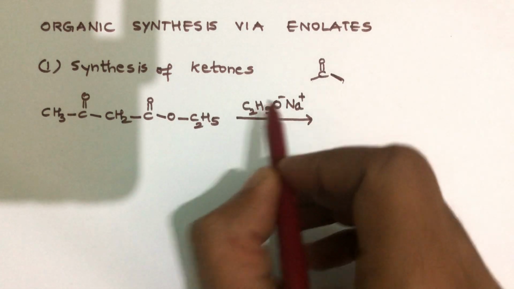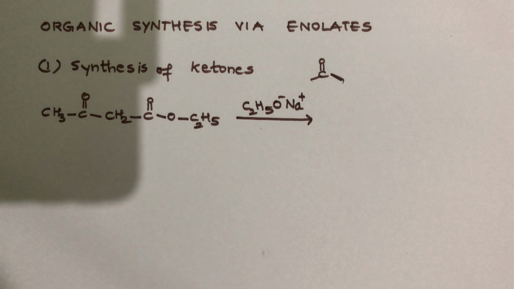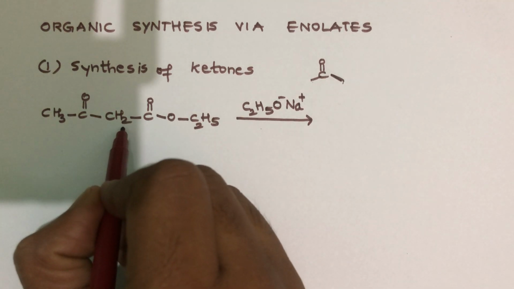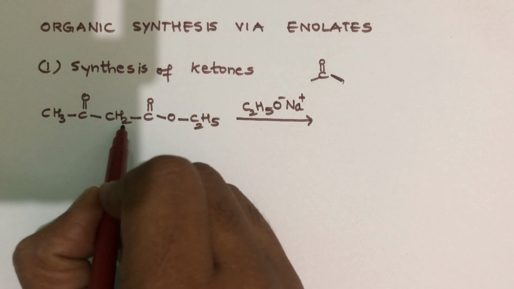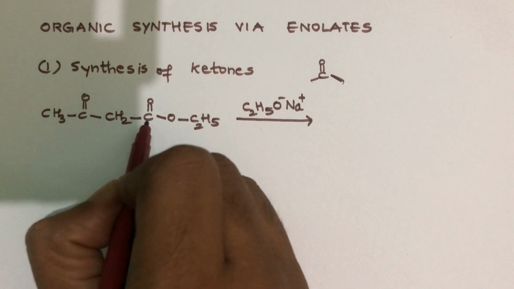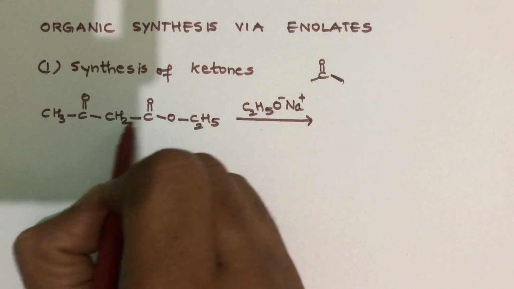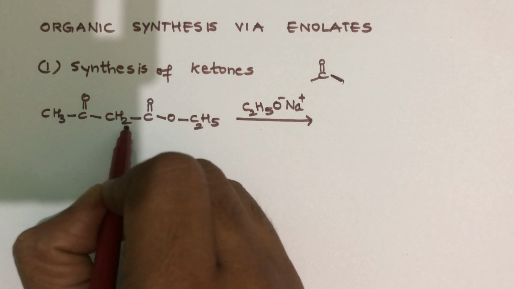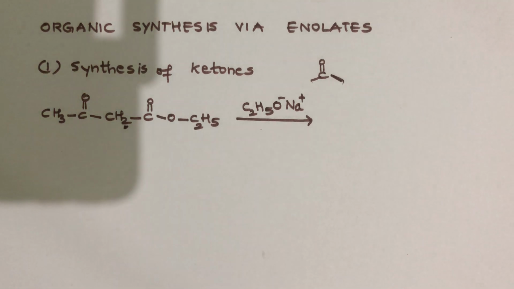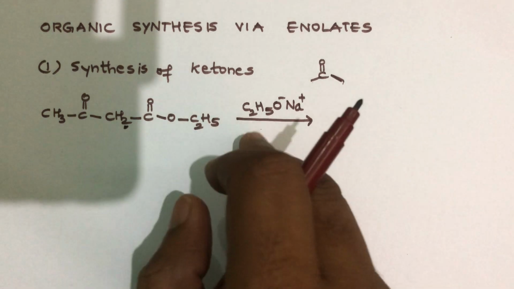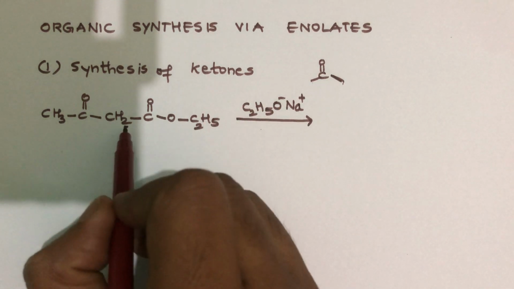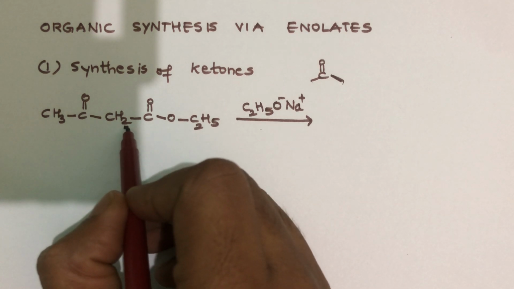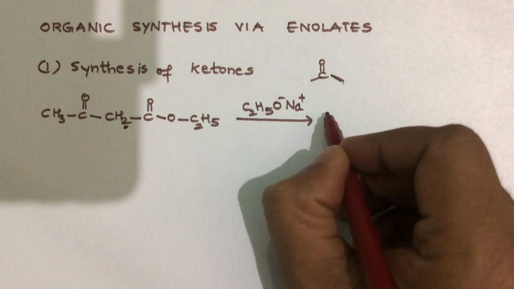You know that sodium ethoxide is a base. So what it does is it removes the acidic proton, and you know that this hydrogen is acidic in nature because it is flanked between the two carbonyl electron withdrawing groups. So this hydrogen can be easily abstracted. The ethoxide ion abstracts this hydrogen, and it results in the formation of an anion.